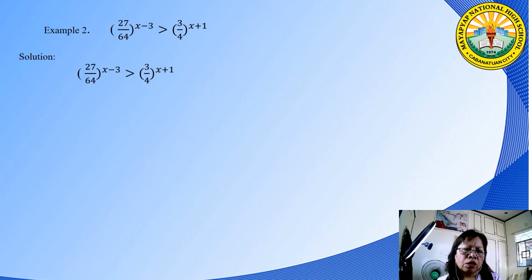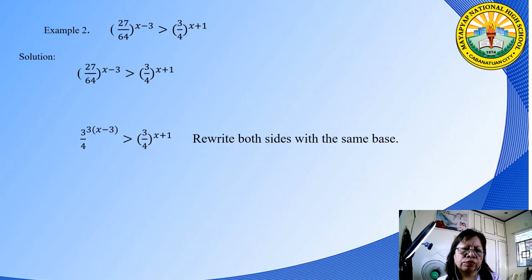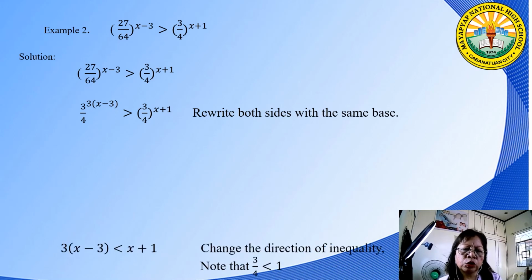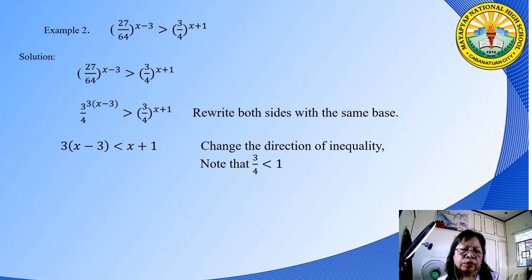So you find a factor, and that is 3/4 raised to the third power multiplied by x minus 3 greater than 3/4 raised to x plus 1. Then you change the direction of inequality since 3/4 is less than 1.